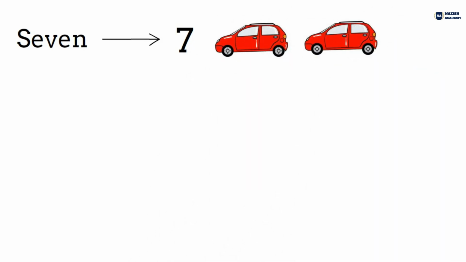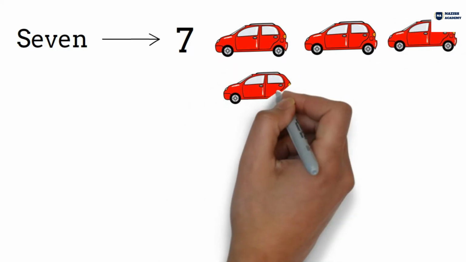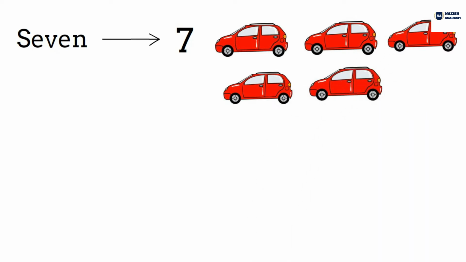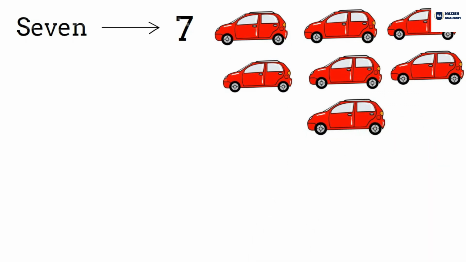Seven, 7. 1 car, 2 cars, 3 cars, 4 cars, 5 cars, 6 cars, and 7 cars.